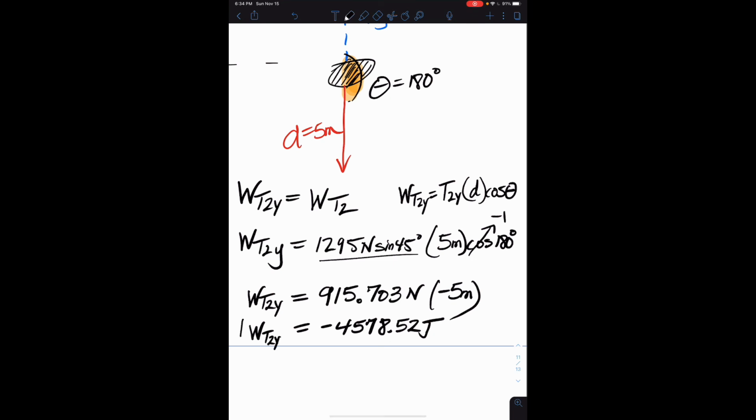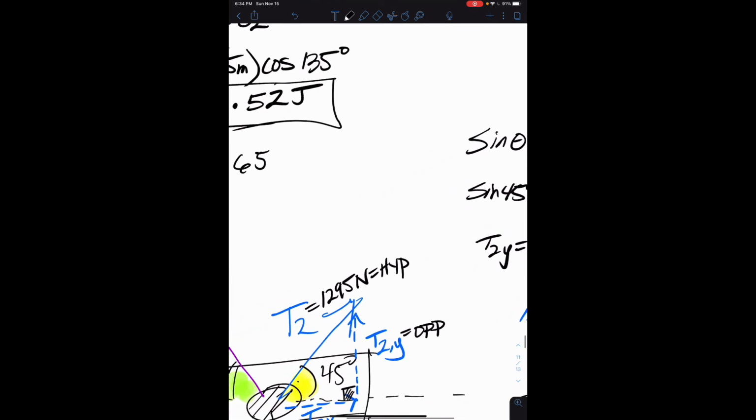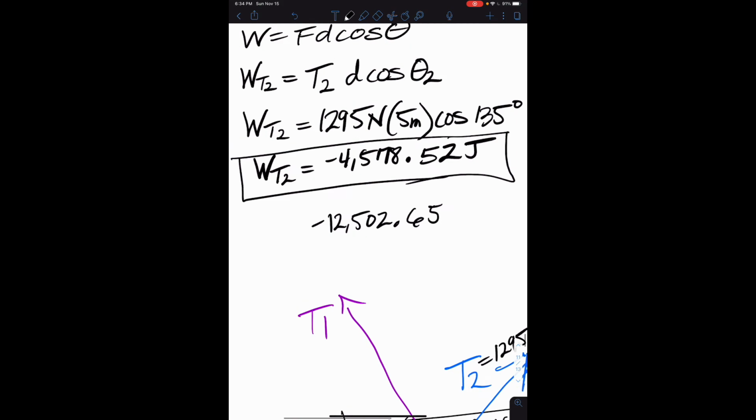All right, so my point by doing this is not just making this problem longer. This is the work done by T2. And if we go back up and look, -4,578.52 joules is what we got up here for the work done by T2.